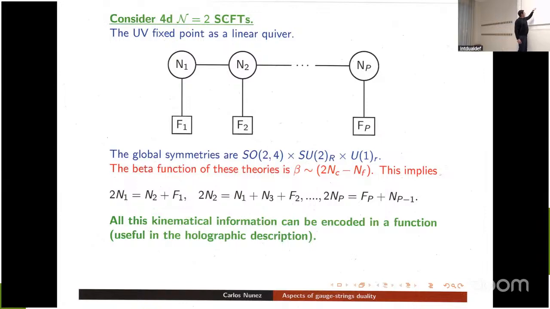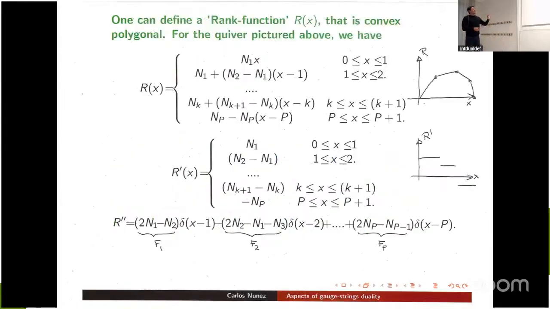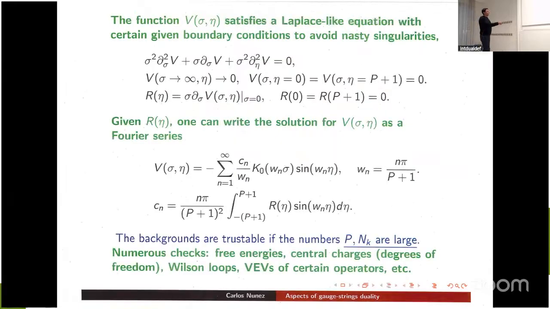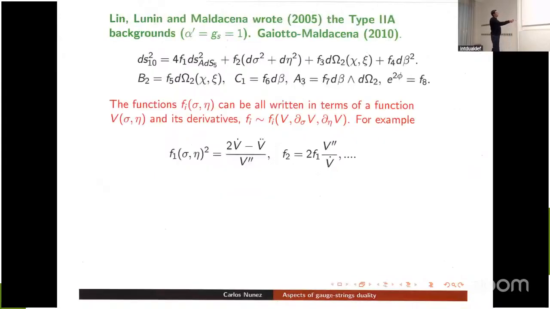You have to make sure that these equalities are satisfied because this will guarantee conformality. With this, you write the rank function. Then you take this rank function, you bring it here, you do the Fourier transform, you put the coefficients there, that's your V function. With that V function, you write the functions F1 up to F8, you put them there in that background, that's your holographic dual.